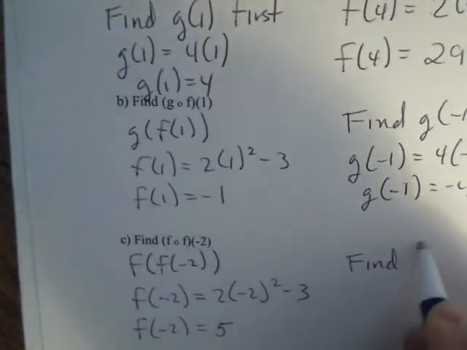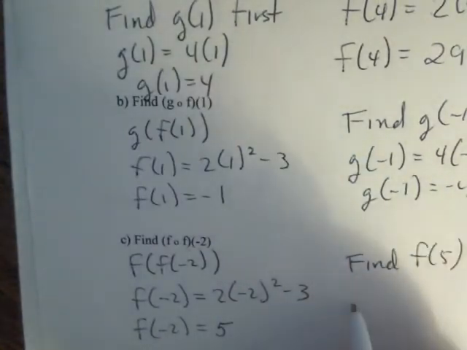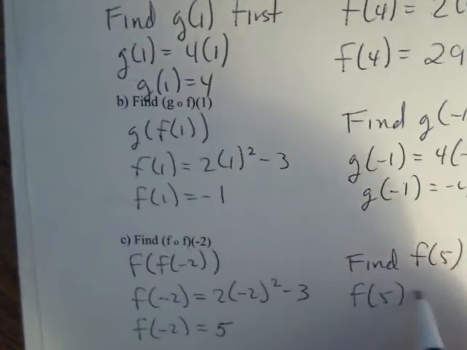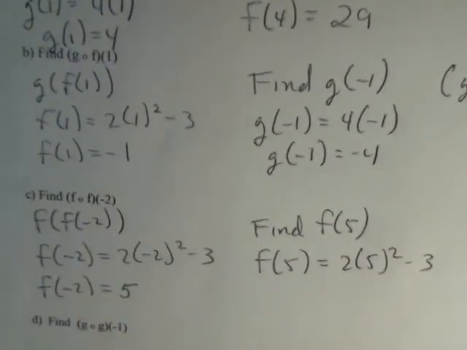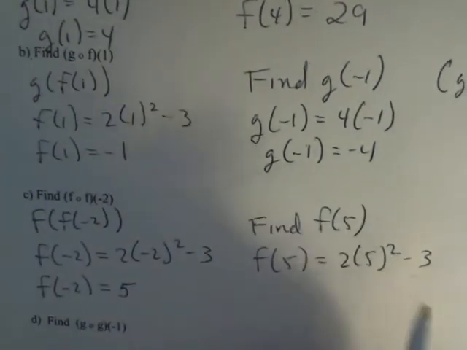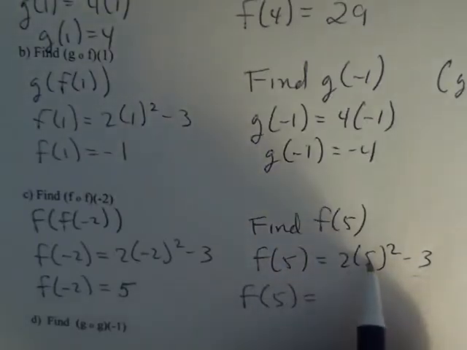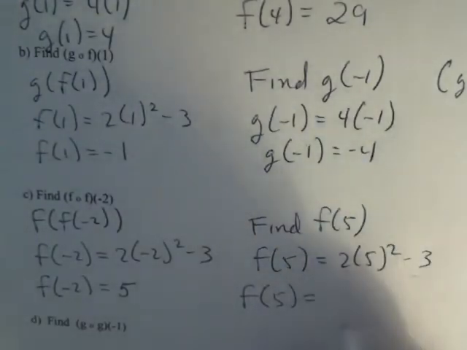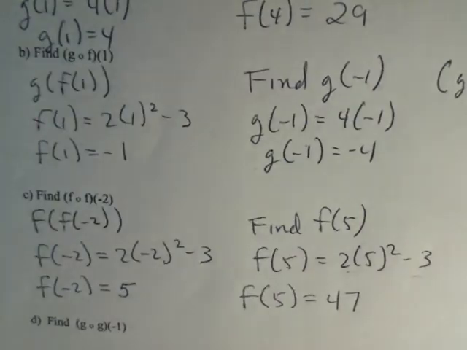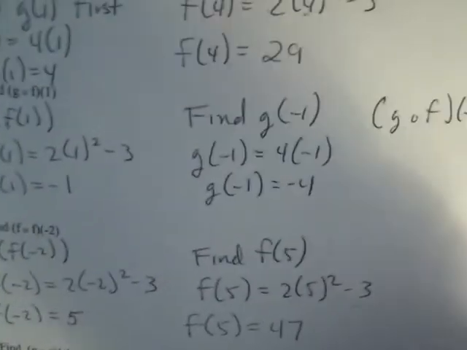Now I must find f of 5. So f of 5 is 2 times 5 squared minus 3. 5 squared is 25, times 2 is 50, minus 3 is 47.